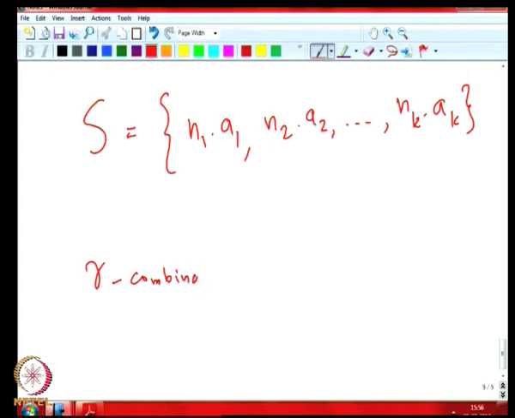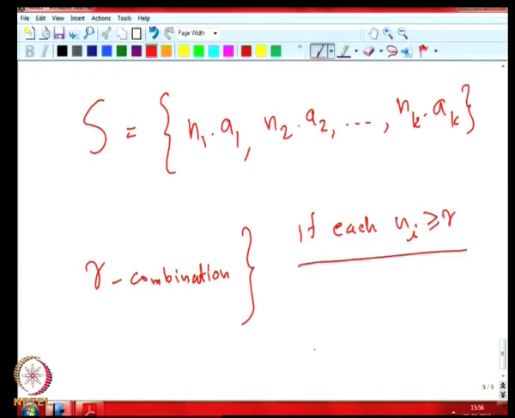So, as we have mentioned many times, if each ni is greater than or equal to R, then it is as good as saying that each type has an infinite repetition number, because we are only making R combinations. For instance, if I want to take some Ai, we will get R copies of it. So, we have no restriction, no constraint. Therefore, we can use that formula, R plus k minus 1 choose R.